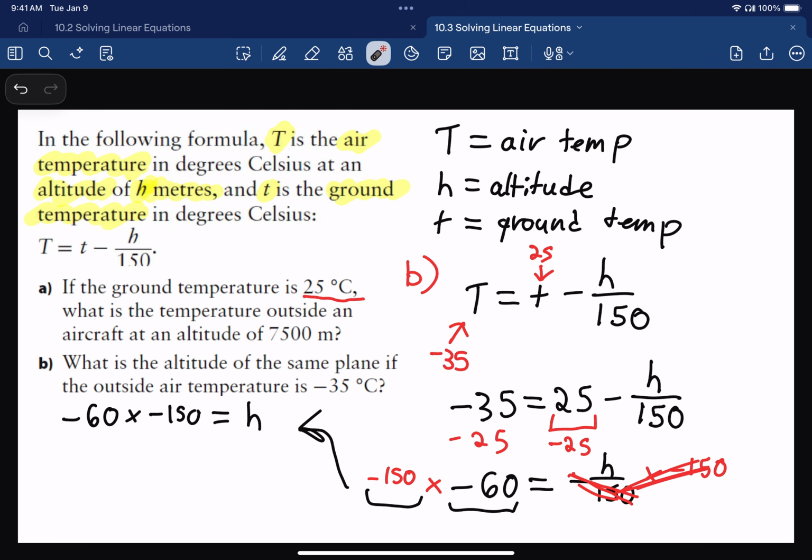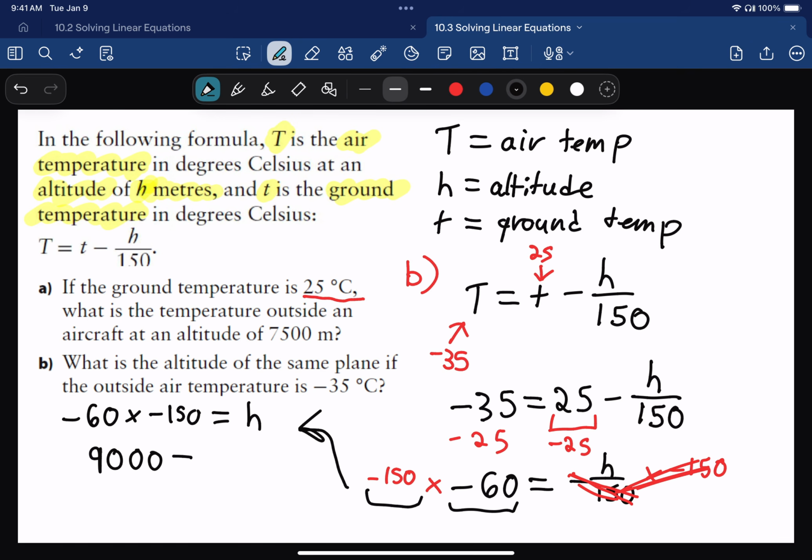And when we do negative 60 times negative 150, we get an answer of 9,000. That makes sense because our altitude in the first one was 7,500 meters, so this one is higher and the temperature is colder. So that's how that works. 9,000 meters. There it is.